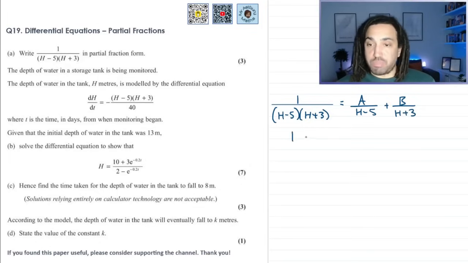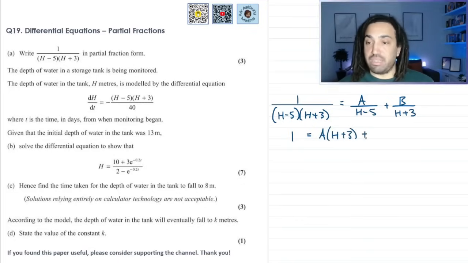We're then going to multiply through by this denominator, so multiplying by both linear factors. So the h minus 5 will cancel this denominator, but the h plus 3 will still be there. And on this term here, the h plus 3 will cancel, but the h minus 5 will still be there.